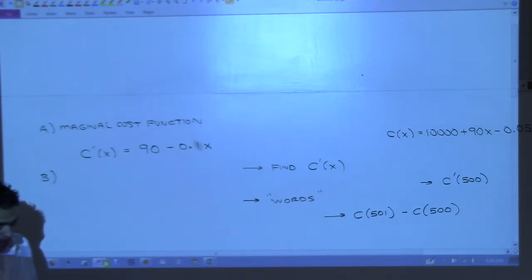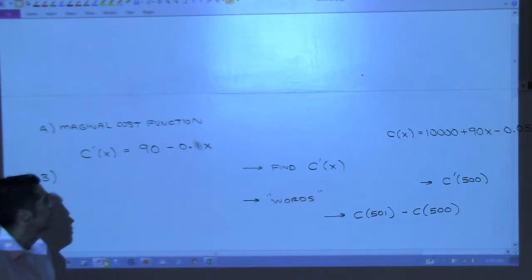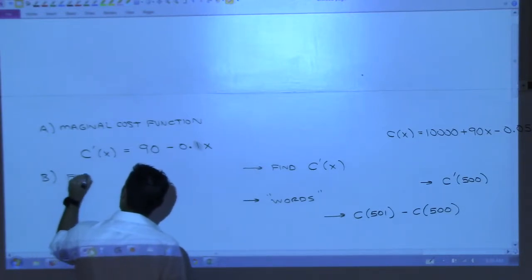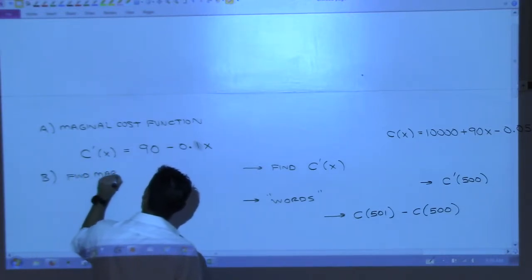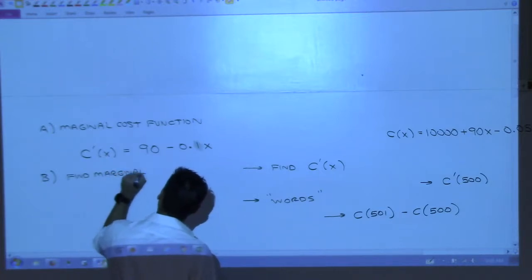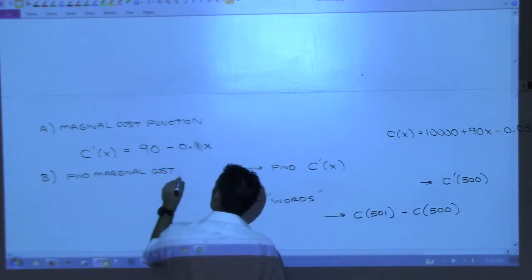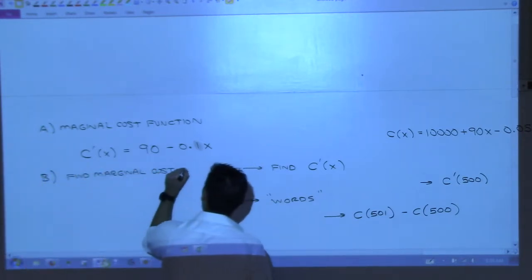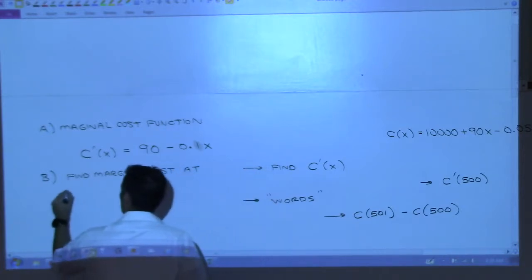So what are we going to do, Derek, for part 2? We want to find marginal cost. What did the word problem say? Find the marginal cost at a production level of 500 tanks.